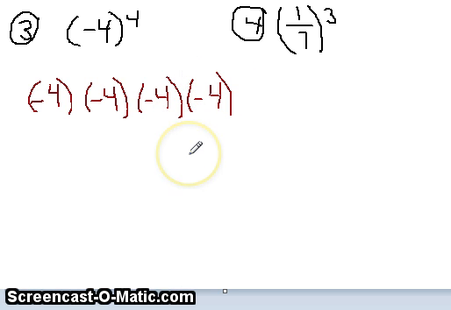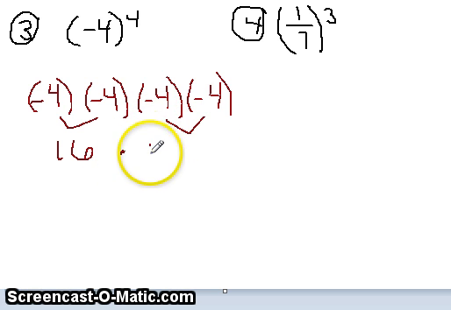So now I have a problem that looks like this, which is really just that repeated multiplication, where I'm going to do negative 4 times negative 4 times negative 4 times negative 4. So when I multiply these all together, you can do it a few different ways. You can just go through and multiply them straight through. You can group them together and multiply them that way. So negative 4 times negative 4 is positive 16.